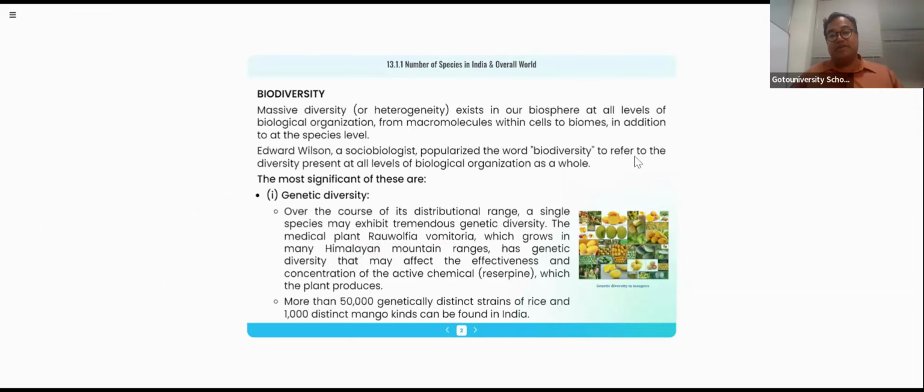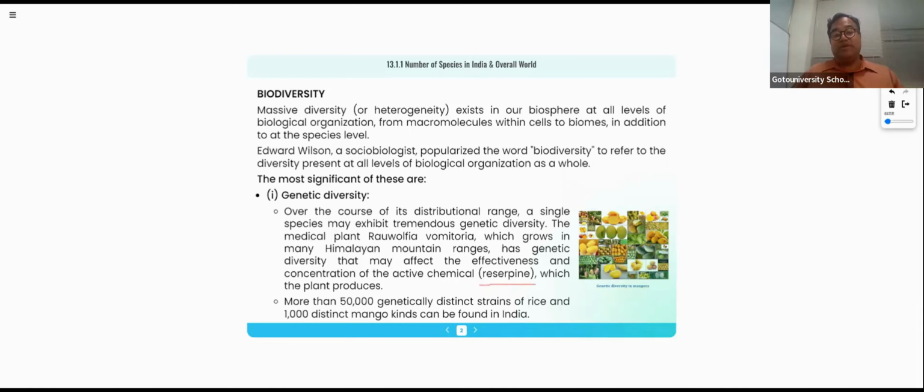This reserpine is a molecule which is very important for curing cold issues, right? In ancient time, and even now, whenever tribals have cough, sneezing and cold issues, they use this molecule at a massive level, and they get a very good recovery.